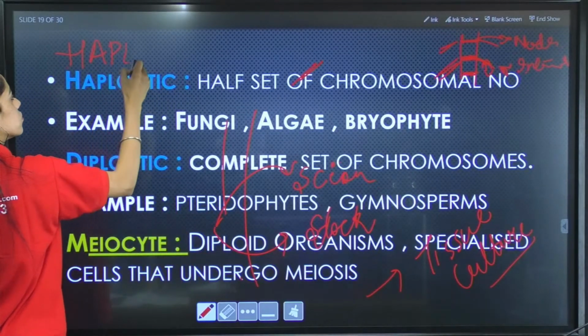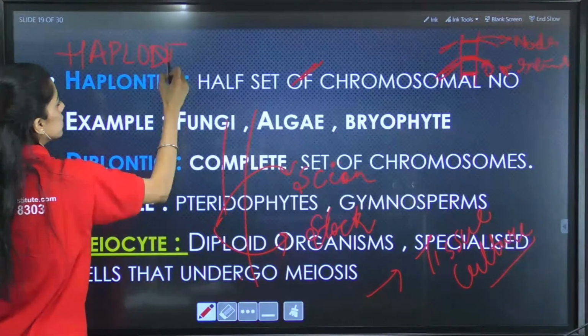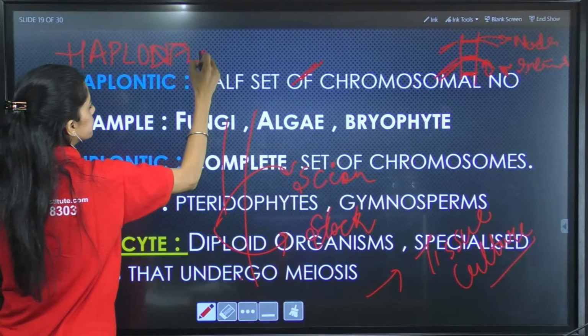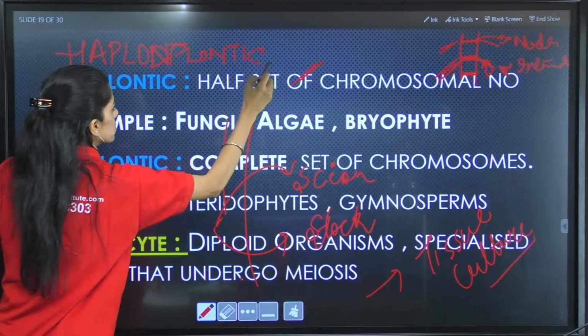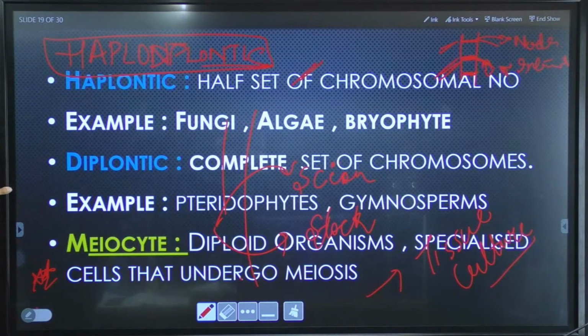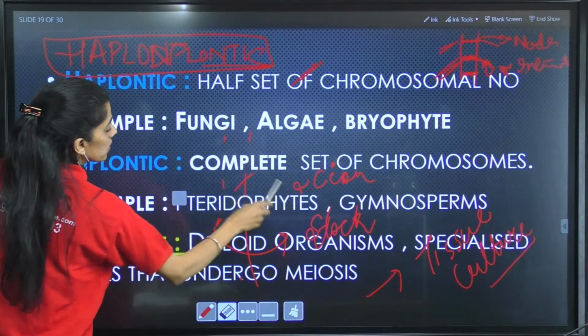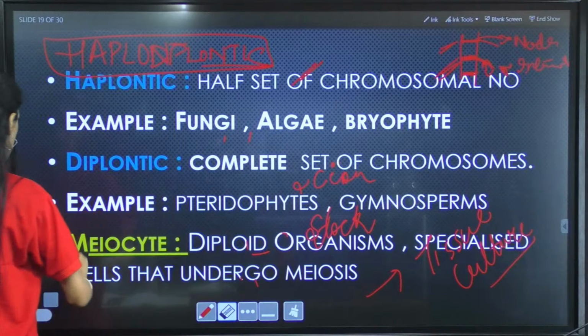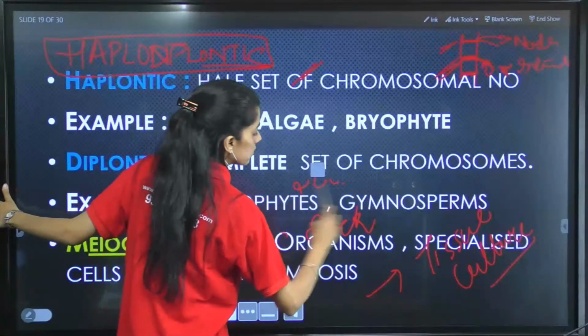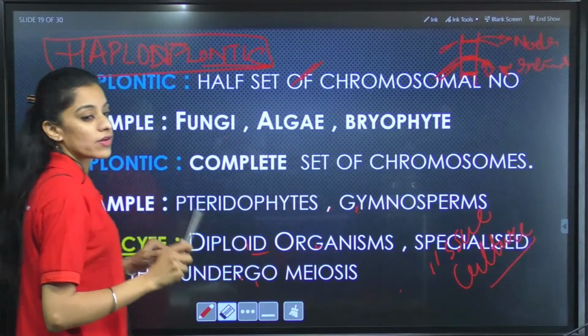You can make a note of it: haplodiplontic. That is also quite common. In haplodiplontic, both phases, haploid and diploid, are more prevalent. So you have to remember all three.